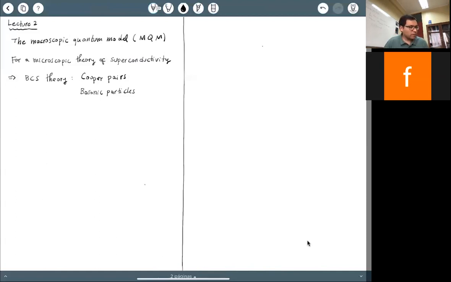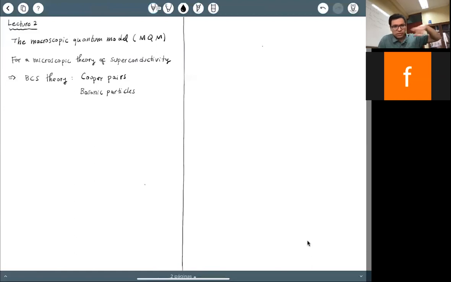This is the typical state that you expect in a condensate, which could be a Bose-Einstein condensate, or even here in superconductivity as well.